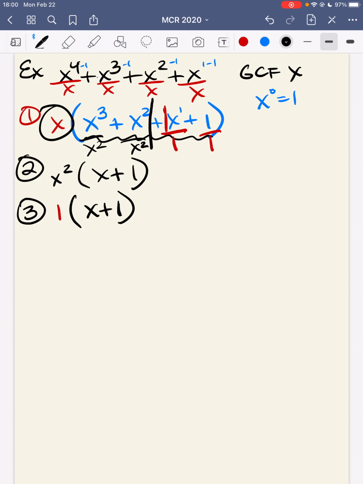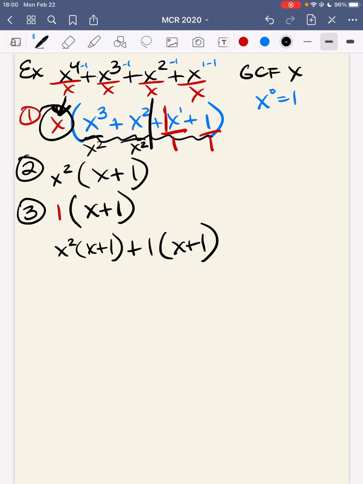Okay? So my final equation that I'm working with right now, I have an x squared, x plus 1. We're ignoring the original x from step 1 here. We'll get back to him. And this is all pluses, so plus 1, x plus 1.